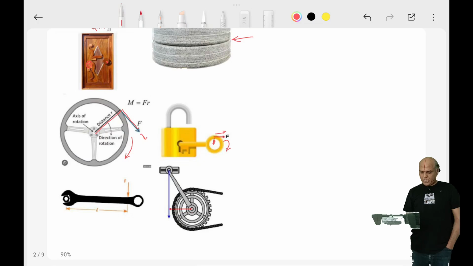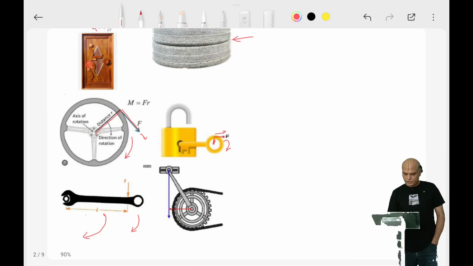So when a mechanic is trying to open a nut, he is applying force here. So this would be the arm, this would be the force. So here the moment causes it to rotate in clockwise direction.